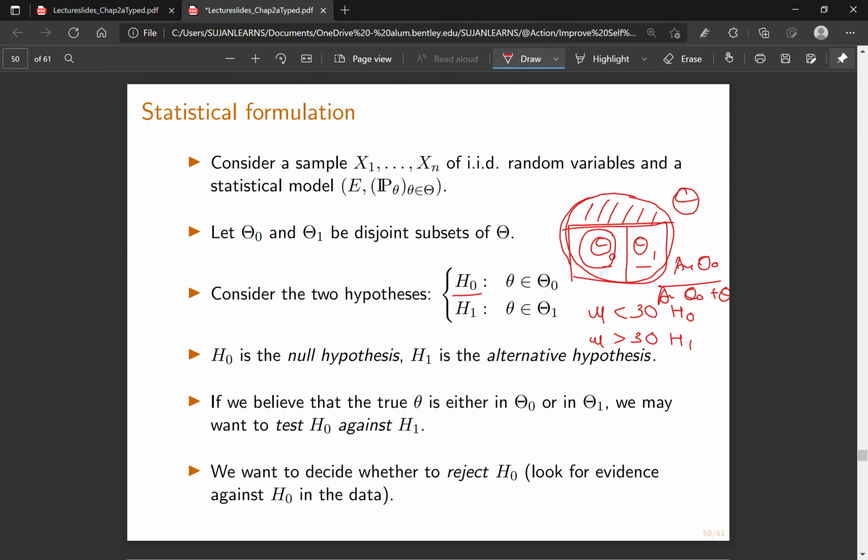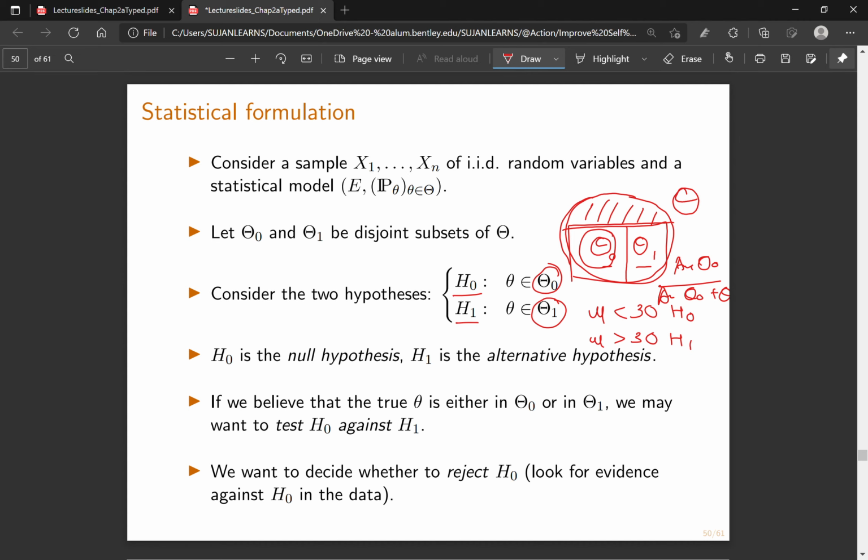H naught is associated with the theta naught parameter space, and H1 is associated with the theta 1 parameter space.